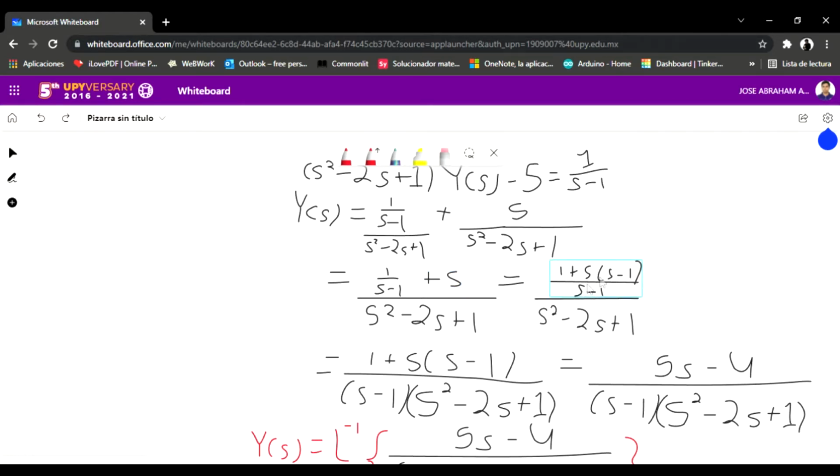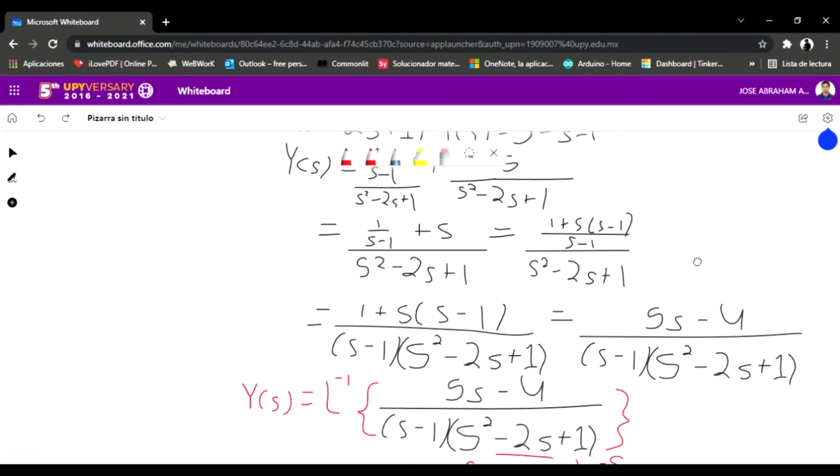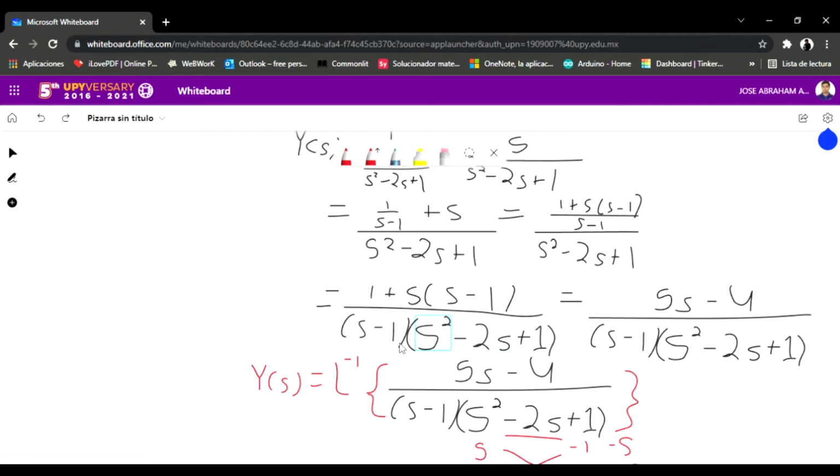For that reason, we have all together here. And then we can multiply this s minus 1 with the denominator, and we have all of this. We have 1 plus 5 times s minus 1, and in the denominator we have s minus 1 times s squared minus 2s plus 1.